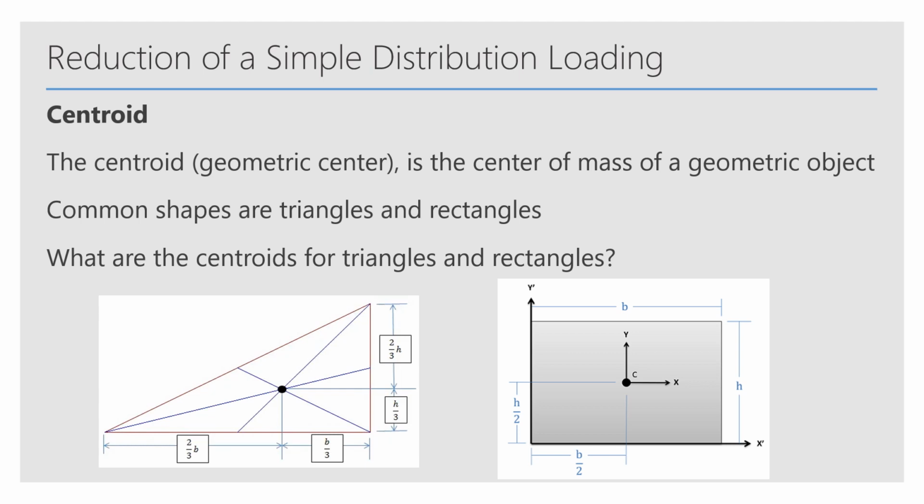This is important because this can allow you to find a location for the resultant force if they don't give you an equation for the curve that's acting on a loading. We can take a look at an example of this.